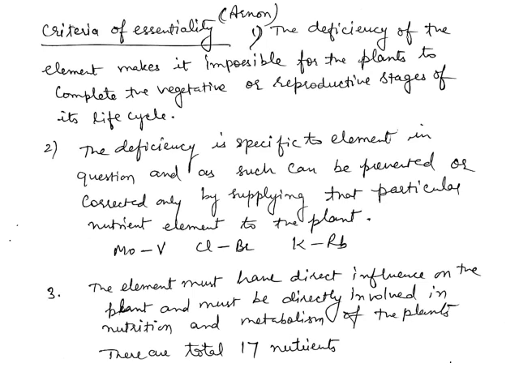These are the three important points of the criteria of essentiality of the elements in plants. We can say there are a total of 17 essential nutrients required by the plants.